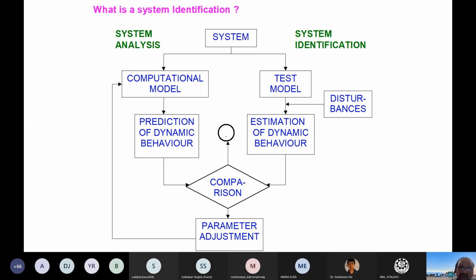Again, if you see those tests, whenever you are doing a blood test or some test, the value you get is a single number, but the standard values are given in terms of an interval. That means again that is uncertain. Even blood pressure, if I want to measure, we have an interval. Suppose I have 139, whether it is okay or not: if it is falling in that interval, that means I am okay.